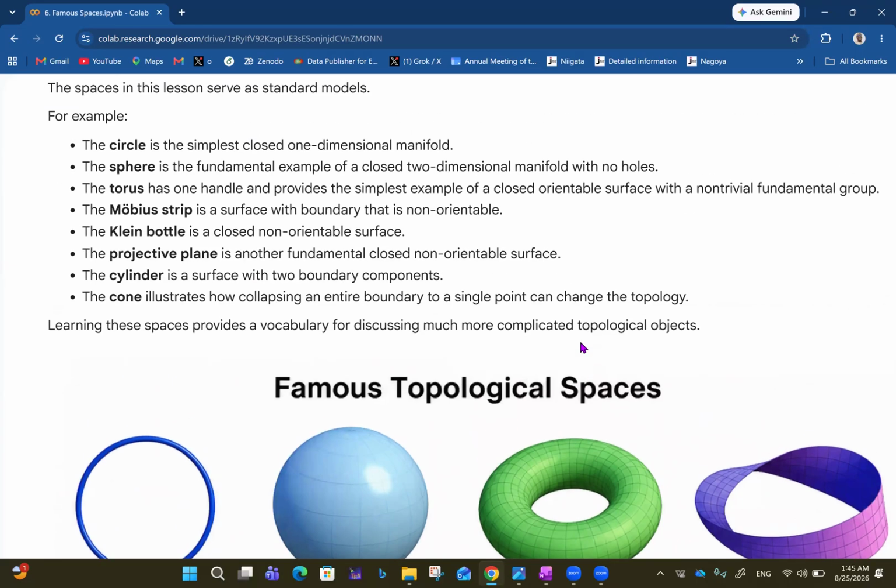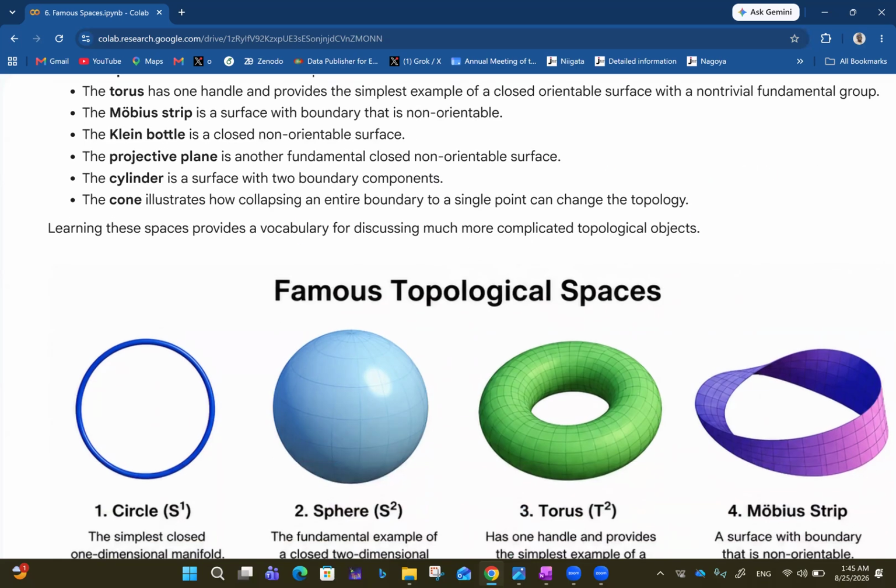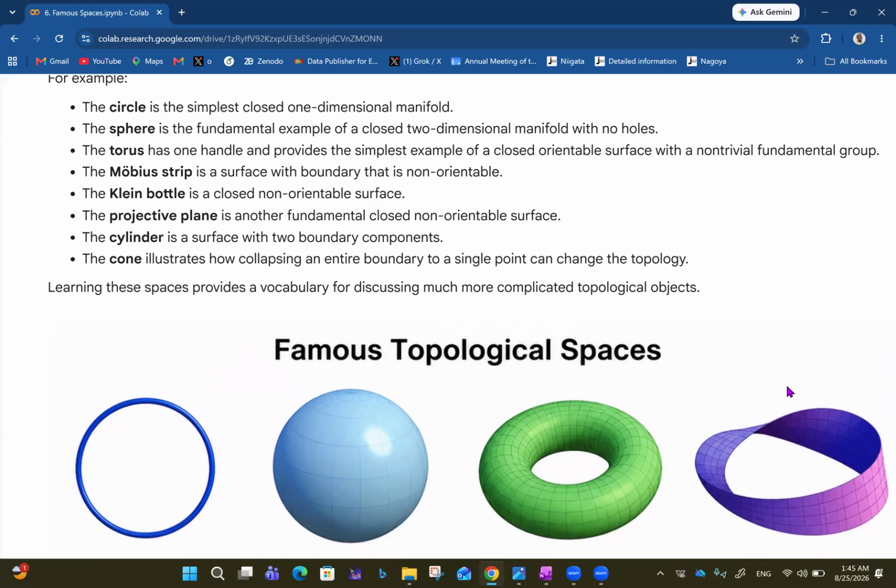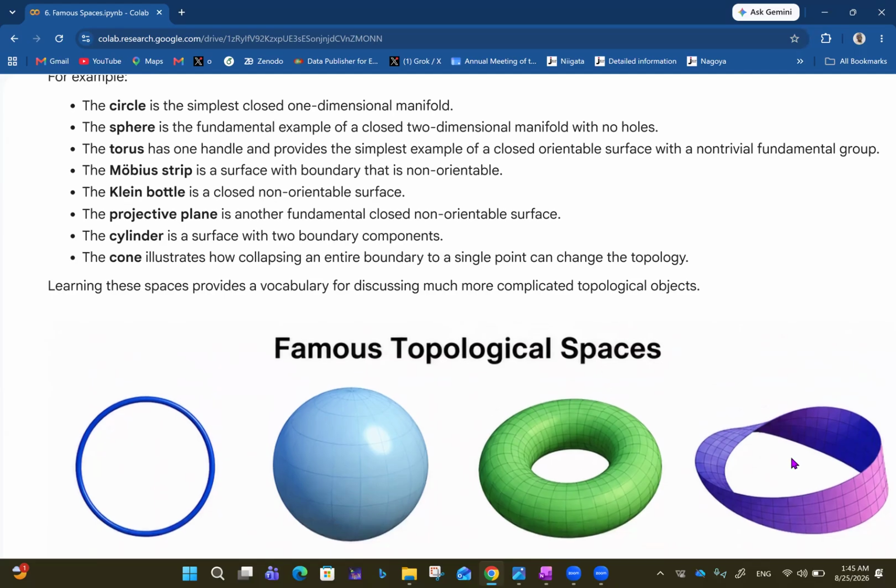A torus has one handle and provides the simplest example of a closed orientable surface with a non-trivial fundamental group. Then you have the Mobius strip, which is a surface with boundary that is non-orientable, like that. So this is orientable, this is non-orientable. This can really get confusing. You're looking at what exactly, how does it really come out, right?